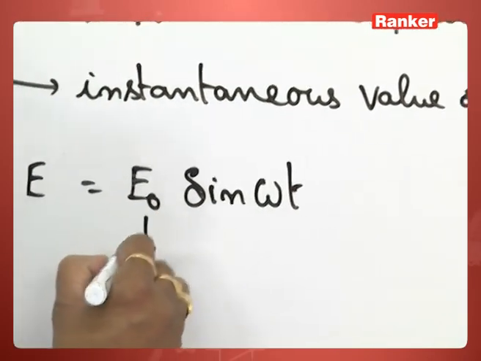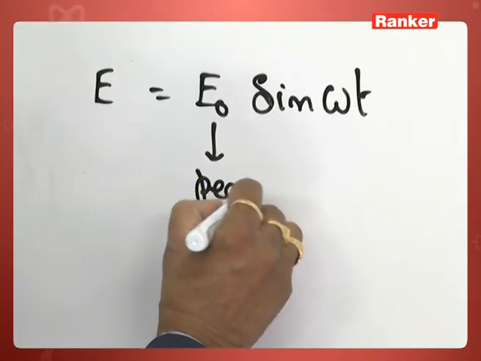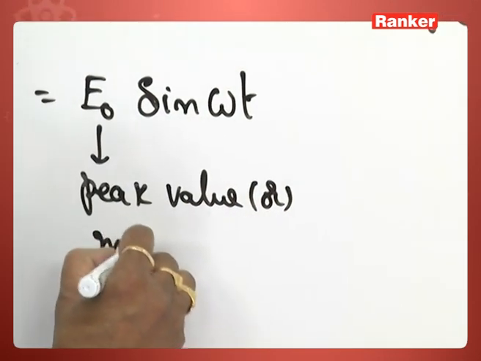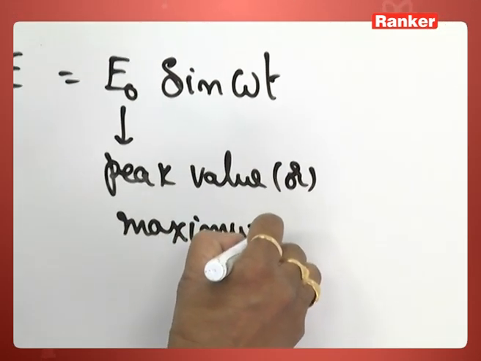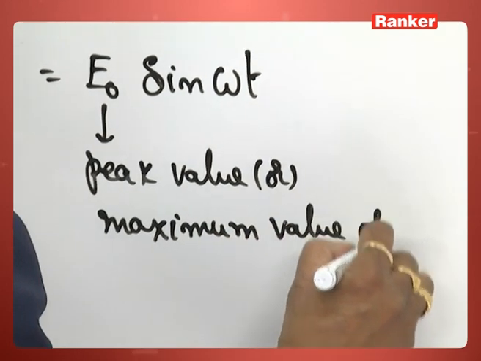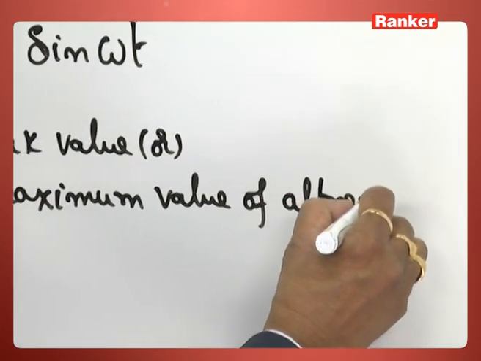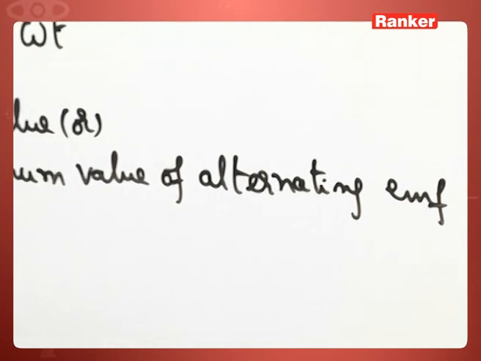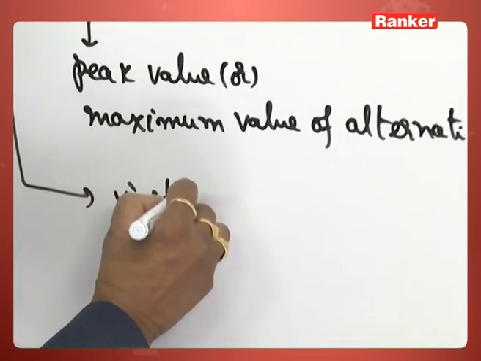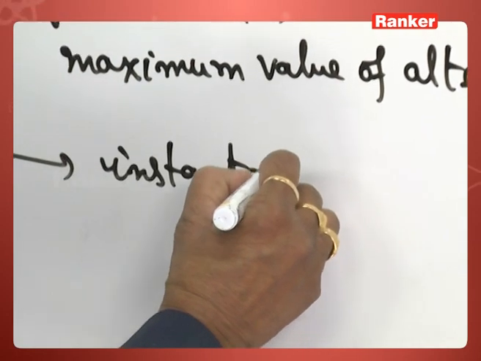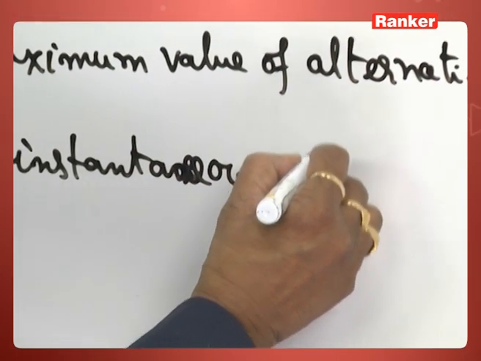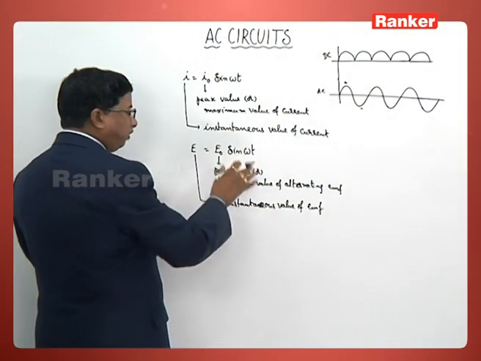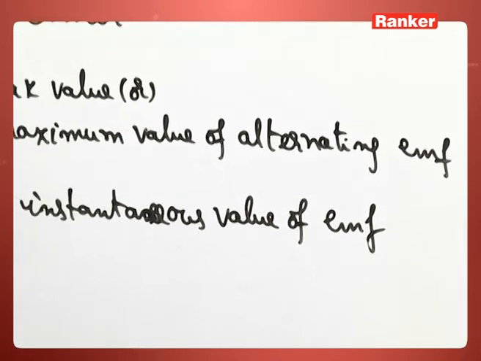Once again, E naught is either the peak value, or you can even call the same the maximum value of alternating EMF, whereas this E again is called the instantaneous value of EMF. So this is the version generally what we take.